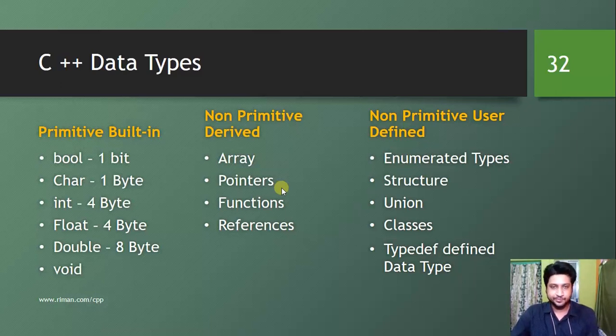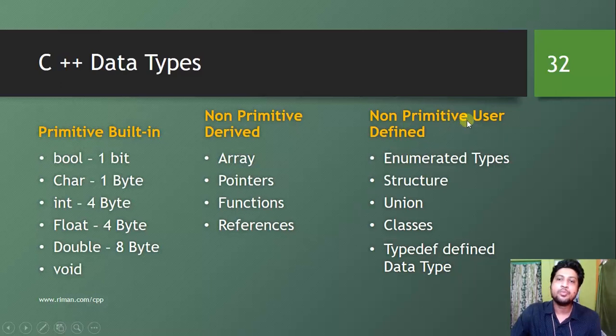Actually, the data type of a pointer is unsigned integer, but they are used to store the address of another variable. Functions, we are going to look into that, and references are actually one kind of renaming of some variables. We are going to talk about references later.